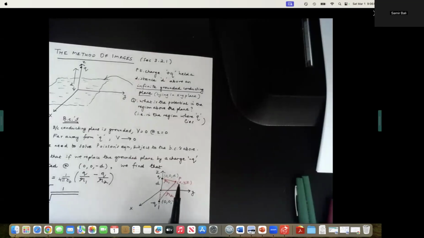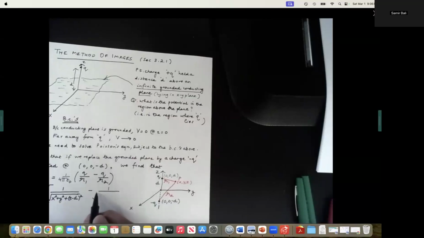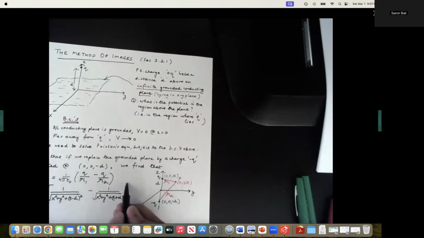So the distance of x, y, z from 0, 0, d is going to be the square root of x squared plus y squared plus z minus d squared, right? And then the distance of xyz from 0, 0, minus d would be the square root of x squared plus y squared plus z plus d squared. Okay.